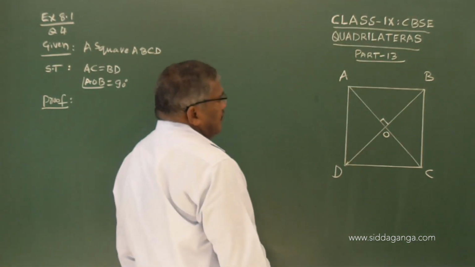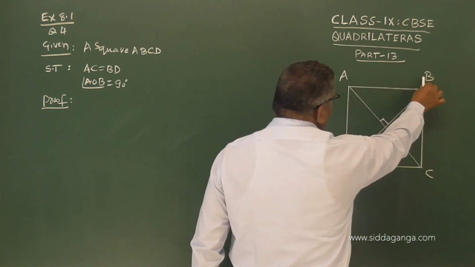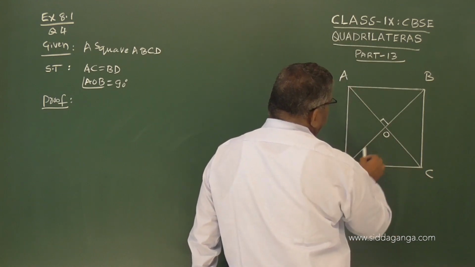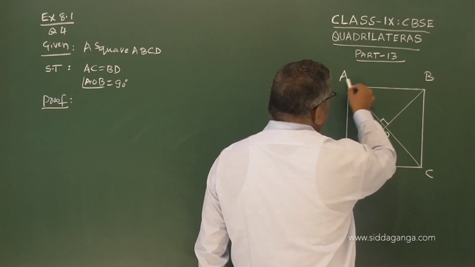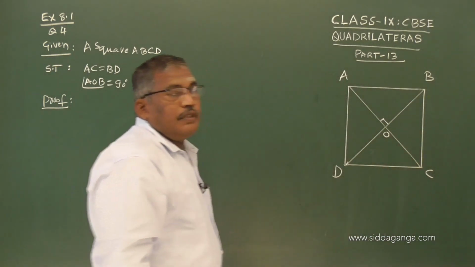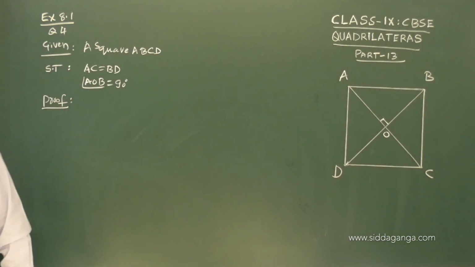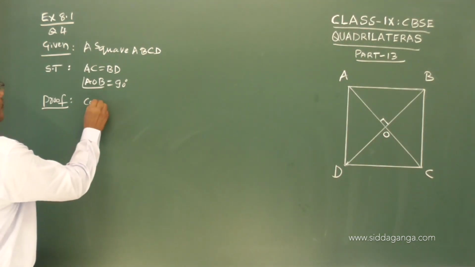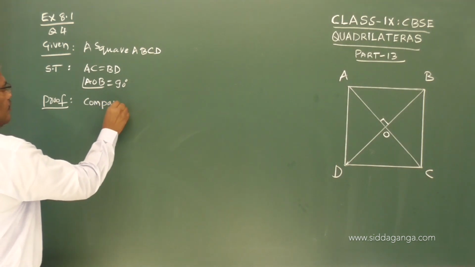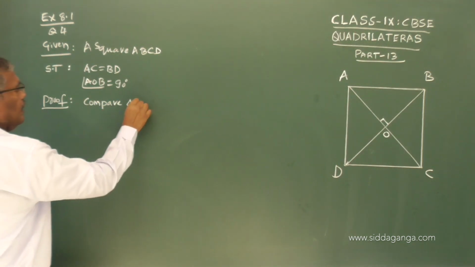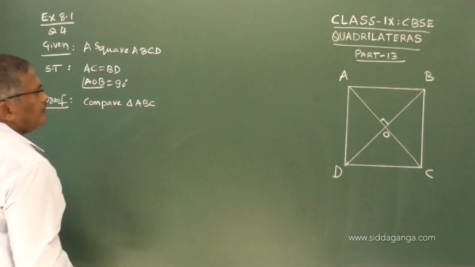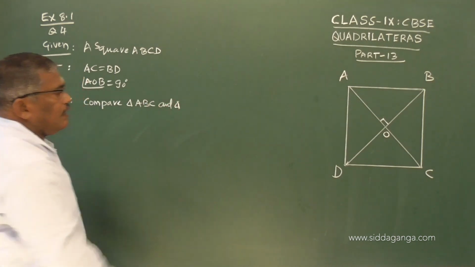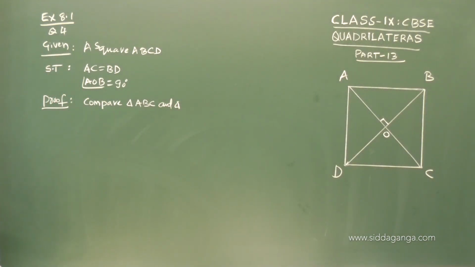Now, you compare these two triangles ABC and DAB, these two triangles. So, compare triangle ABC and triangle BAD.